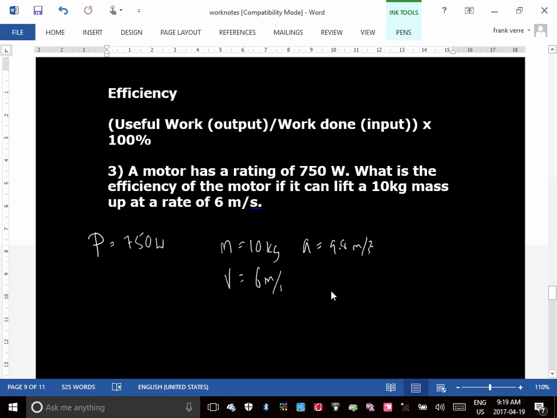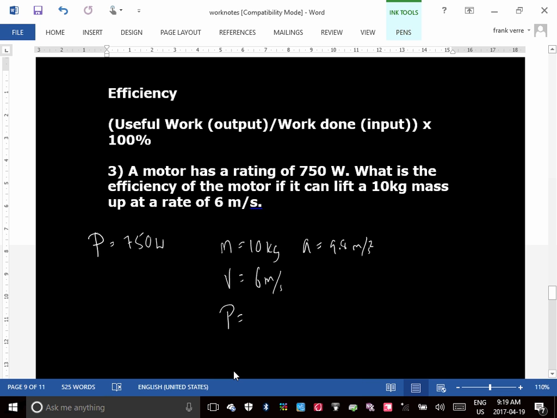Okay, what is the actual useful work? We can actually calculate what would be the power to actually accomplish this. So, how much power does this represent? Taking 10 kilograms of mass, moving it up at a rate of 6 meters per second. What equation would you use?